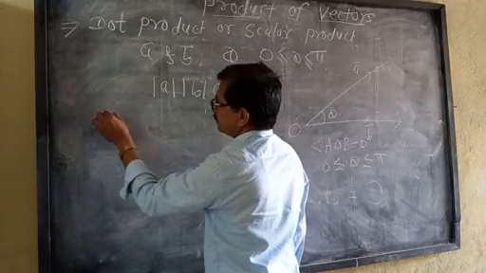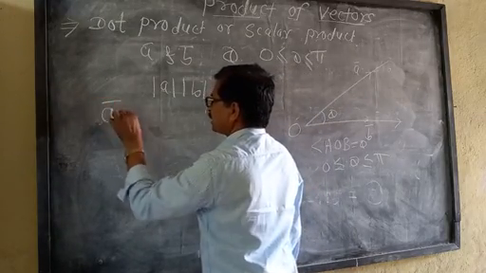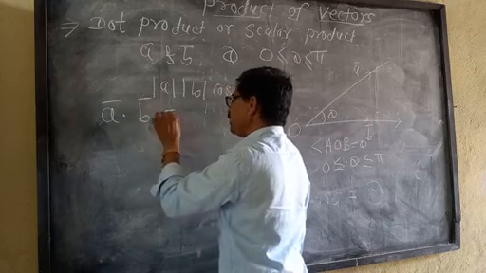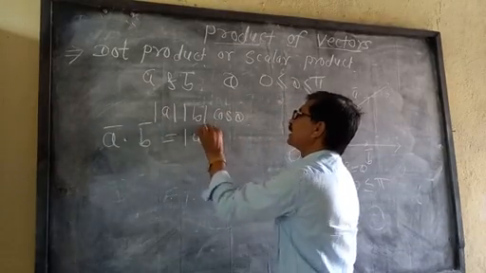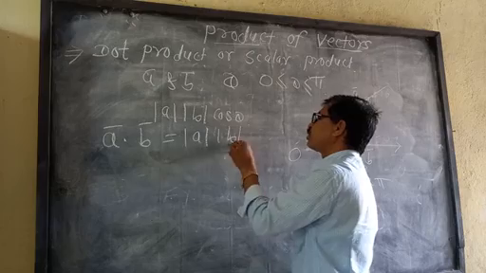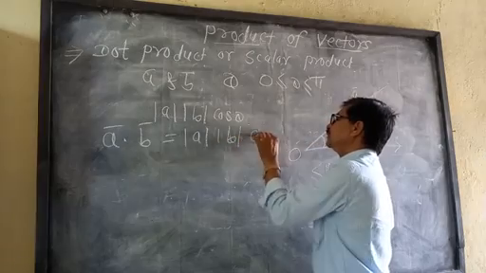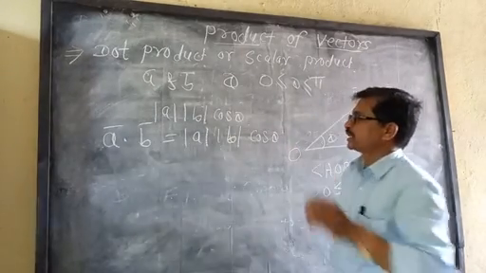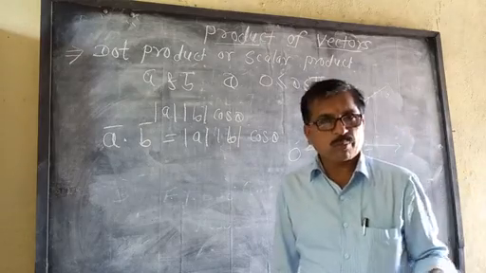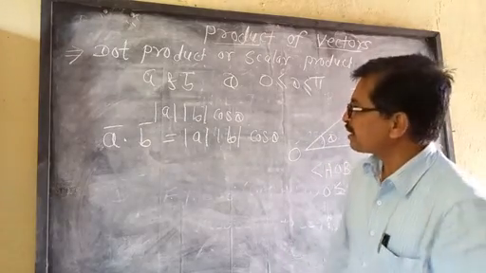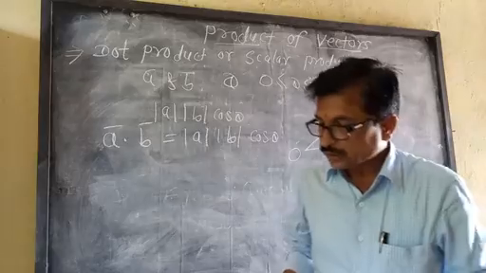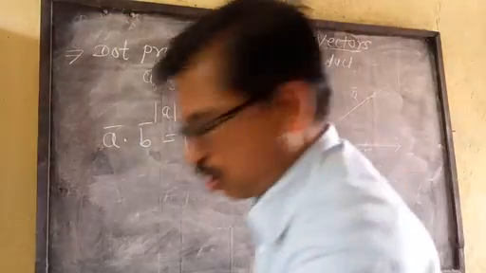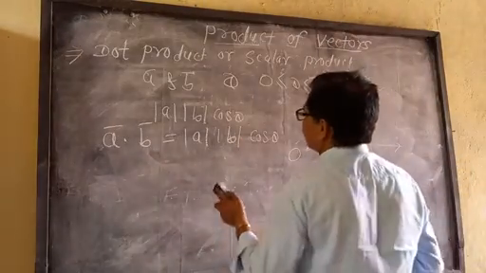It is written as vector A dot vector B is equal to magnitude of vector A into magnitude of vector B into cos theta. It is called the dot product or scalar product.